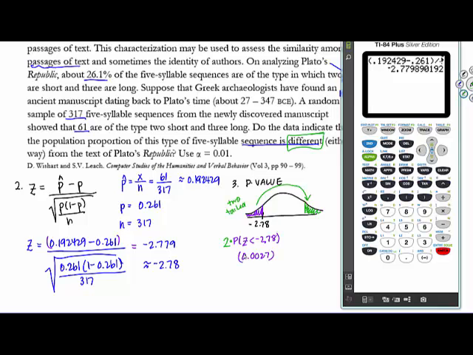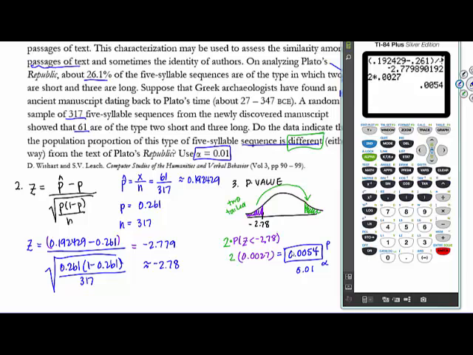And multiply that by 2, gives the p-value of 0.0054. So, level of significance, 0.01, p-value, 0.0054. There's p, alpha, 0.01.